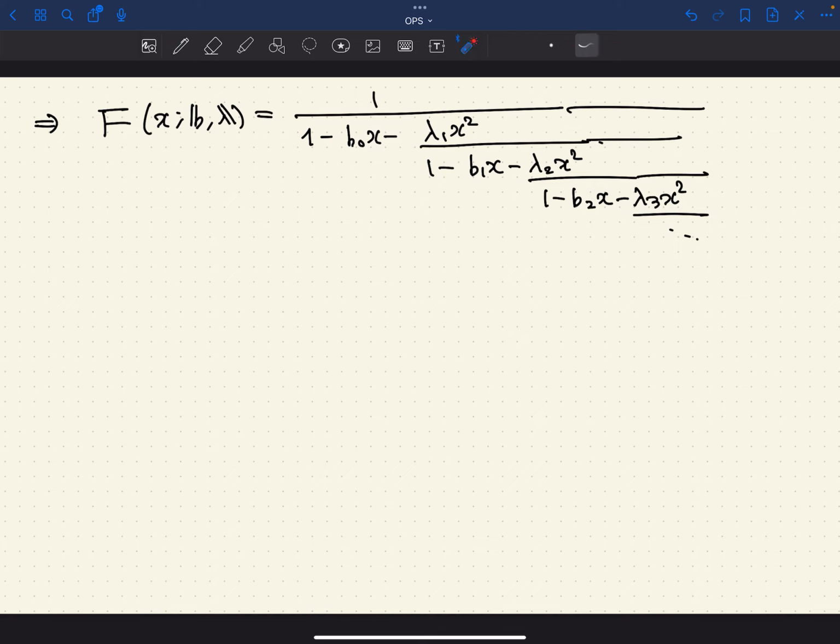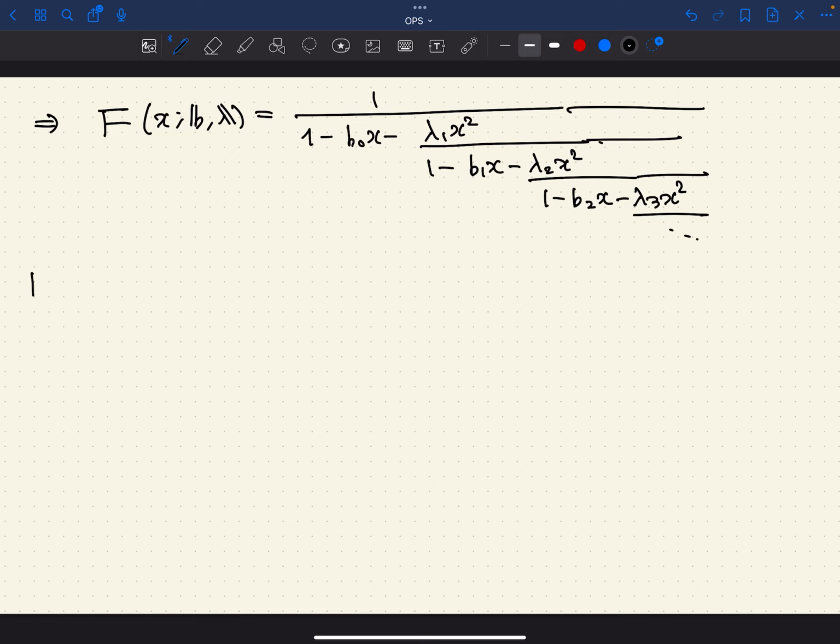But is it really true? To really check this rigorously, we have to look at the convergents. Actually it's true, and we will find a rigorous proof of this. But to do that, we need to define convergence in formal power series.